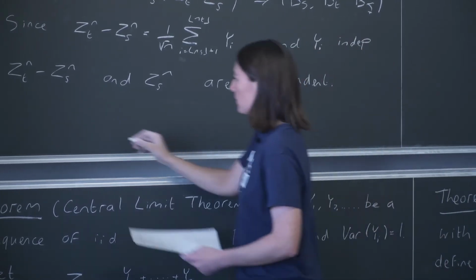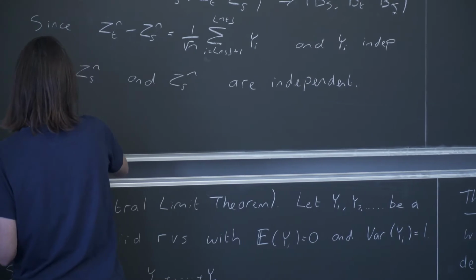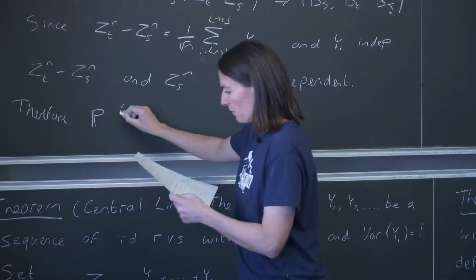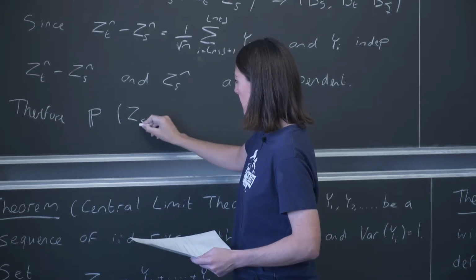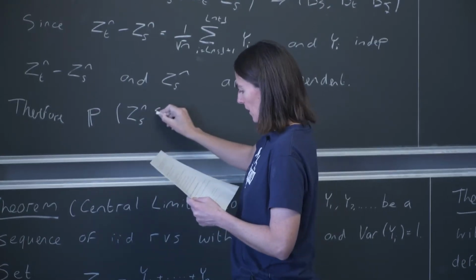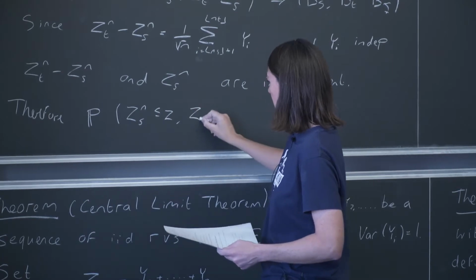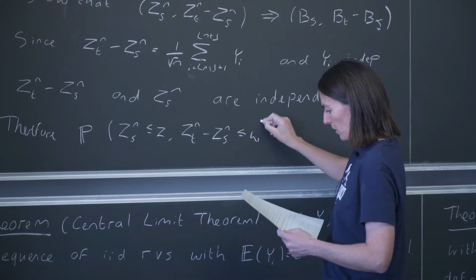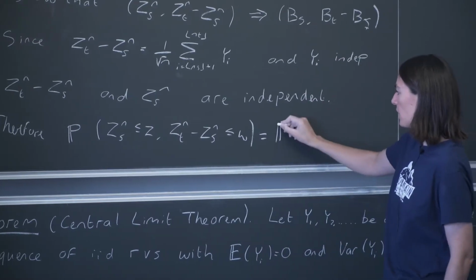Therefore, what's the joint distribution of these two? So the probability that Z_S^N is less than or equal to z and Z_T^N minus Z_S^N is less than or equal to w is just the product of these two.